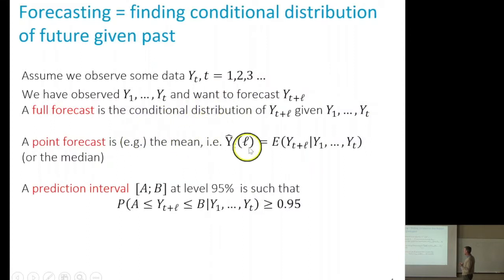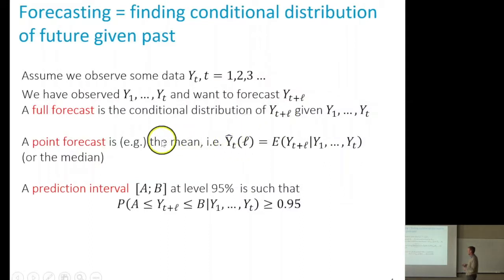A point forecast is just one point. So once I've recognized that yt plus L is something random, if I give only one point, I can give the mean or the median or something more complicated if it's multidimensional. Any measure of centrality, typically mean, median, or combinations of that.